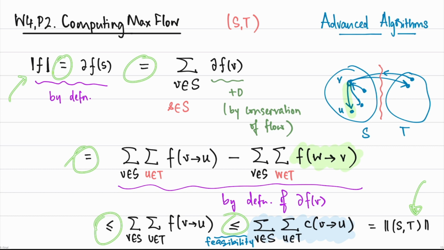So in particular, if F is a max flow and ST is a min cut, this inequality also holds. So we know that the value of the max flow is upper bounded by the capacity of the min cut. That's the most useful version of this inequality.